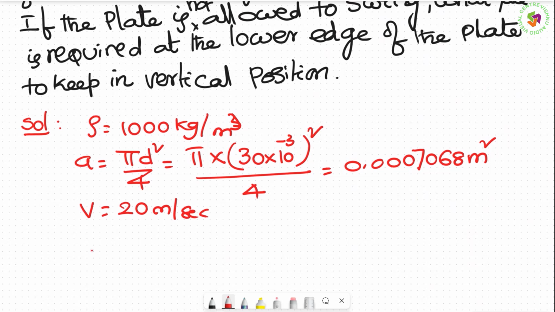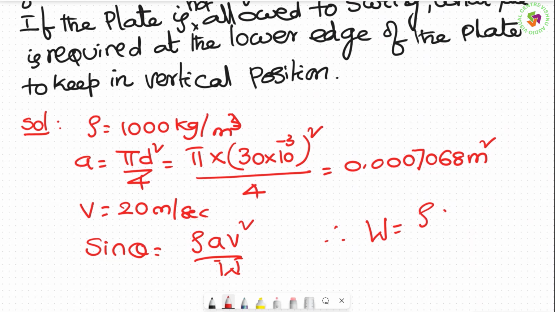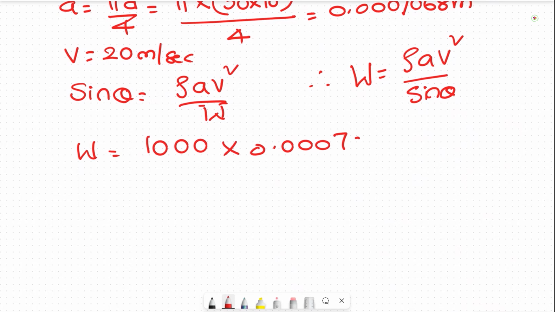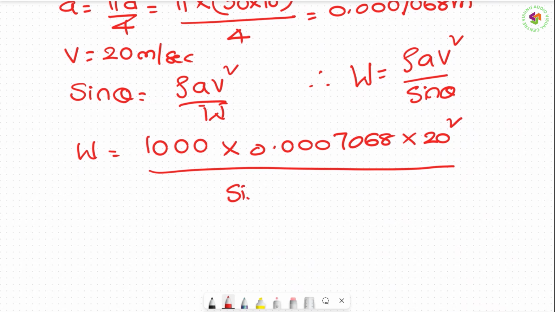Fine. Then sine theta is equal to rho A V square by W in the case of a hinged plate. Therefore, W is equal to rho A V squared by sine theta. So W is equal to 1000 into 0.0007068 into V square, 20 square, by sine 20 degrees.